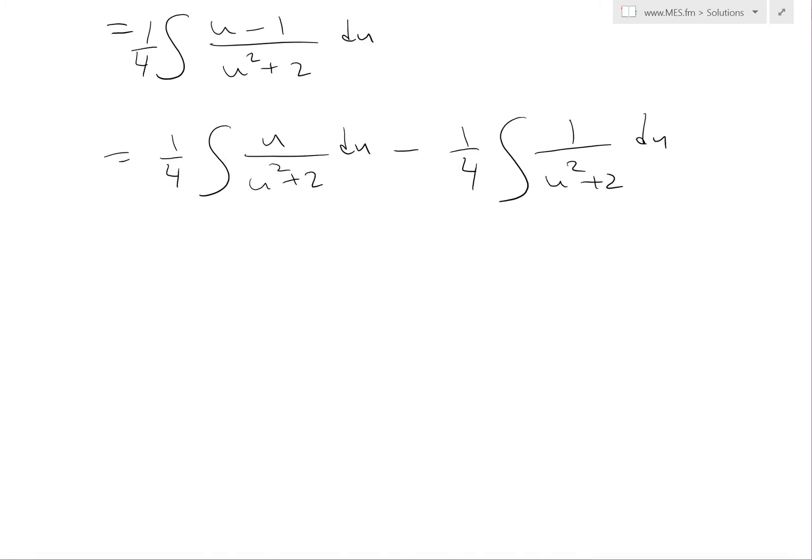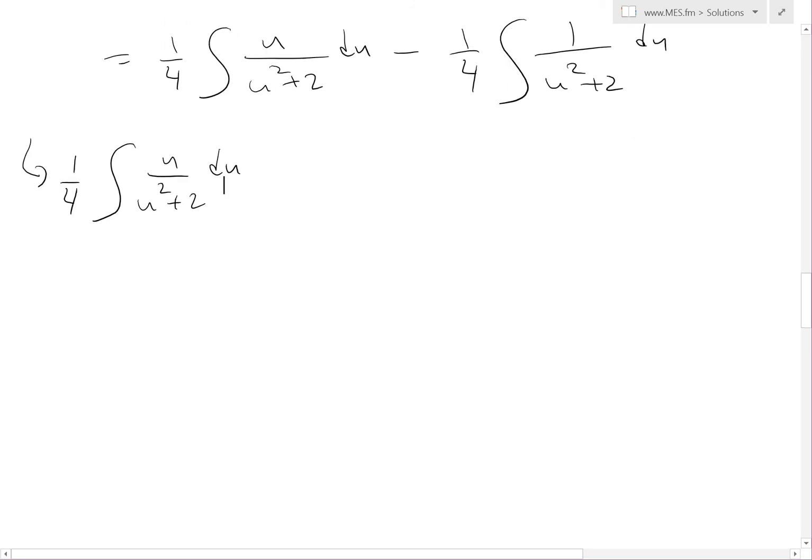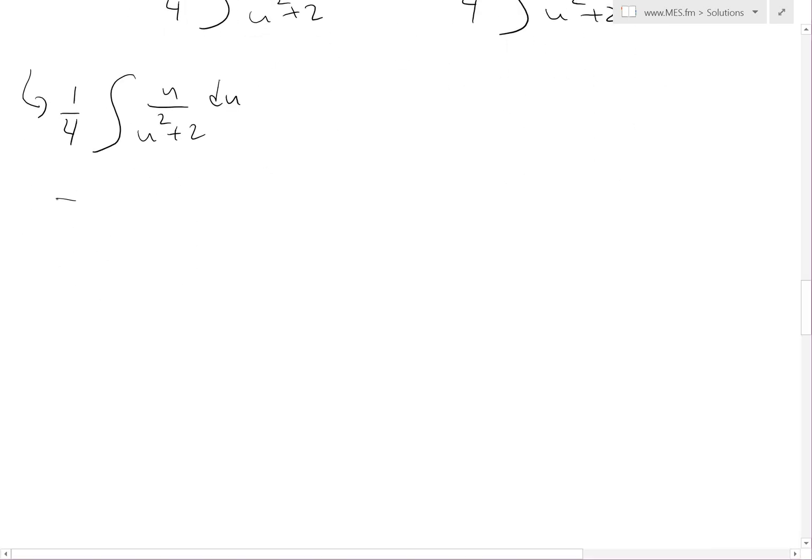So now that we have these two, let's do these separately because it's easier that way. The first one, 1 over 4 integral of u over u squared plus 2 du. This one looks easier to do with substitution, because if we let z equal u squared plus 2 on the bottom, then dz, that's the derivative, is going to be 2u du.